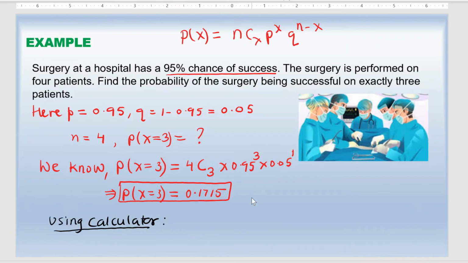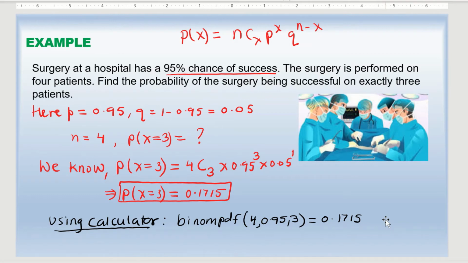So we write this as BINOM PDF from calculator. Then number of trials, 0.95. We are looking for 3 successes, so that is equal to 0.1715. That is, by using the calculator, we got the value of the probability of exactly x equal to 3 successes out of 4.